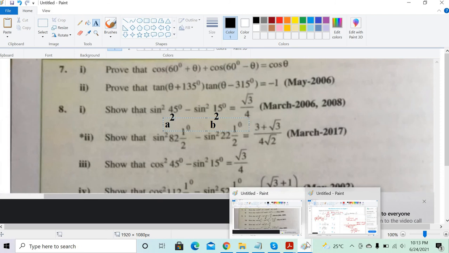Yeah, now I got cos 105 by 2 into sine 105 by 2 into root 3. Okay.